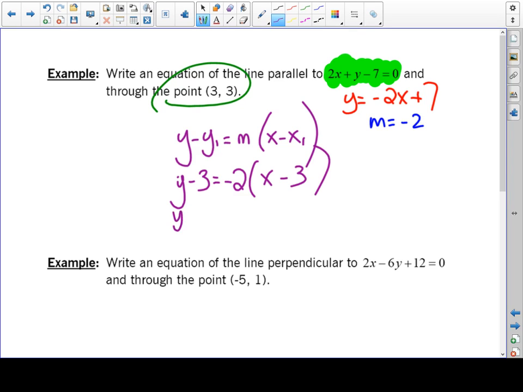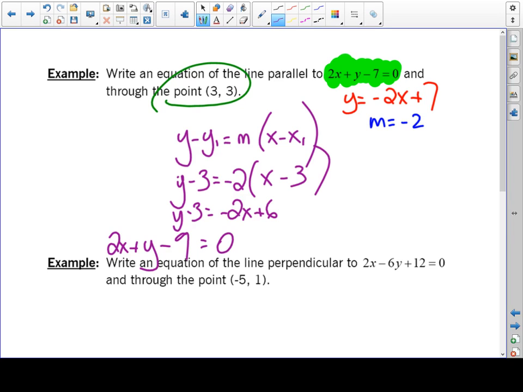So y - 3 = -2x + 6. If we want the x to be positive, we got to take everything over to the left side. So 2x + y - 3, but then the 6 becomes -6. So we're going to have -3 and -6, which together gives us -9 = 0. There it is right there, okay?